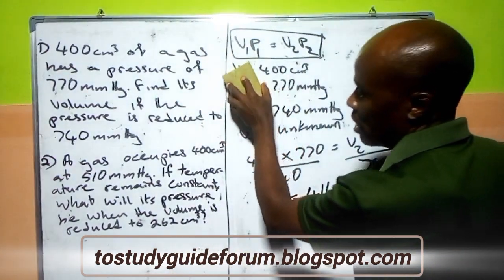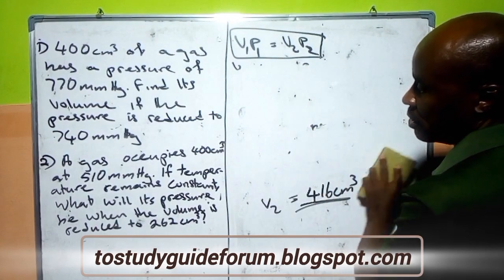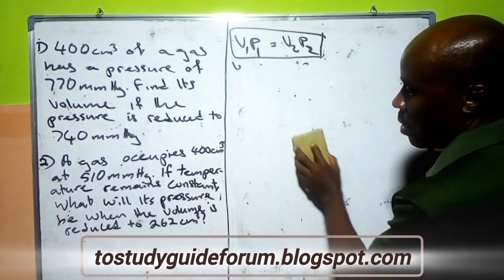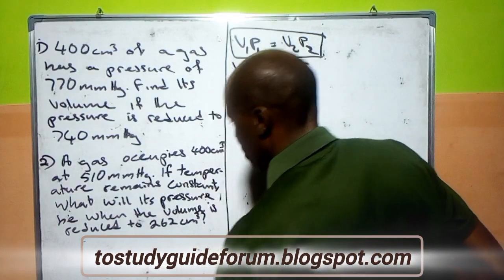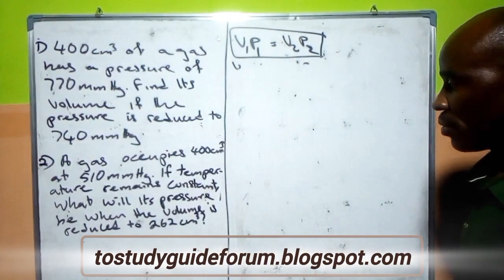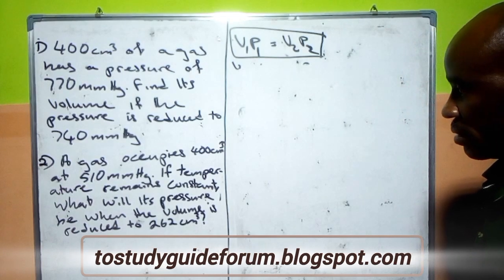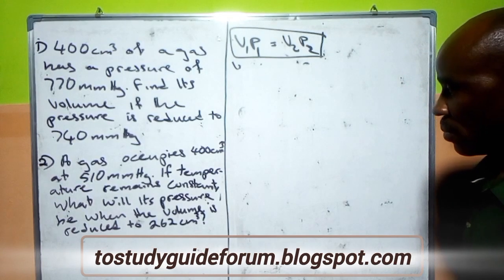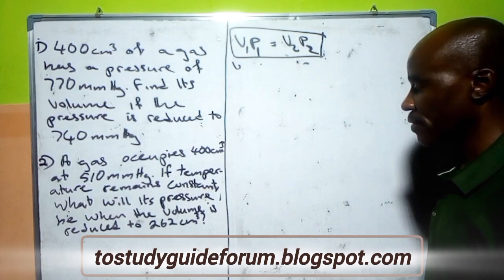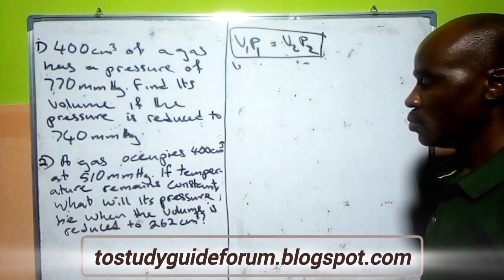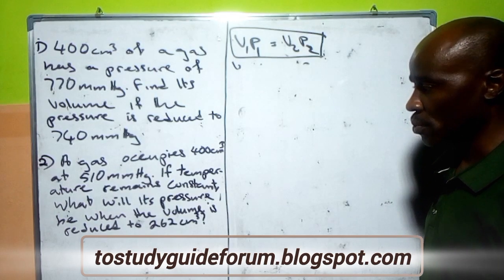The next question here says that a gas occupies 400 cm cube at 510 millimeter mercury. If the temperature remains constant, what will its pressure be when the volume is reduced to 262 cm cube?